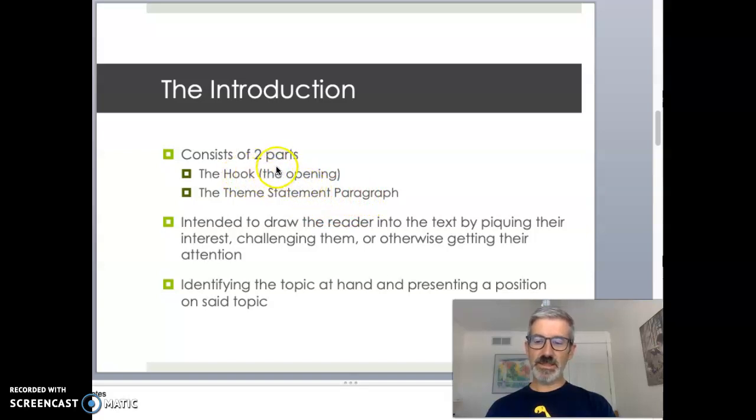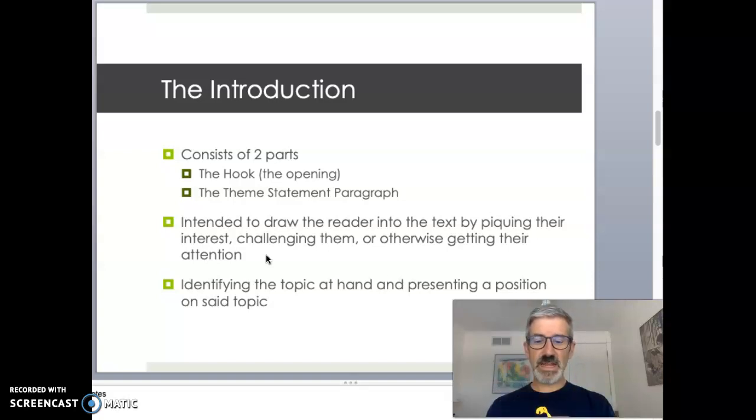So our opening consists of this hook, where we've grabbed the reader with something specific, and now we need to get into the second part, the theme statement paragraph. The hook, of course, is intended to draw the reader into the text by piquing their interest, challenging them, getting them to pay attention.